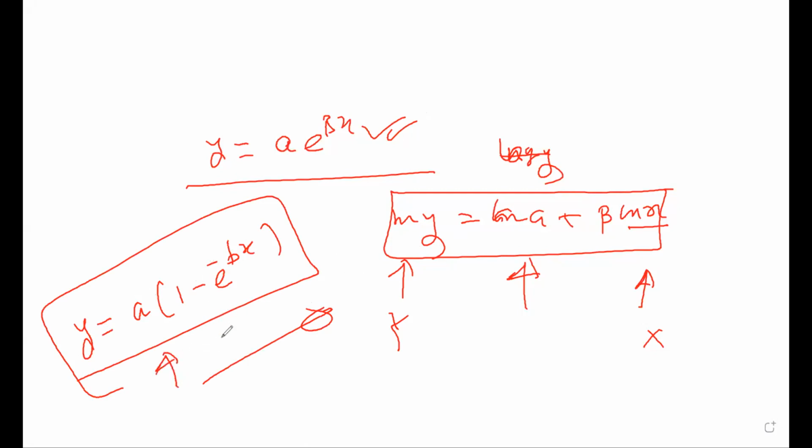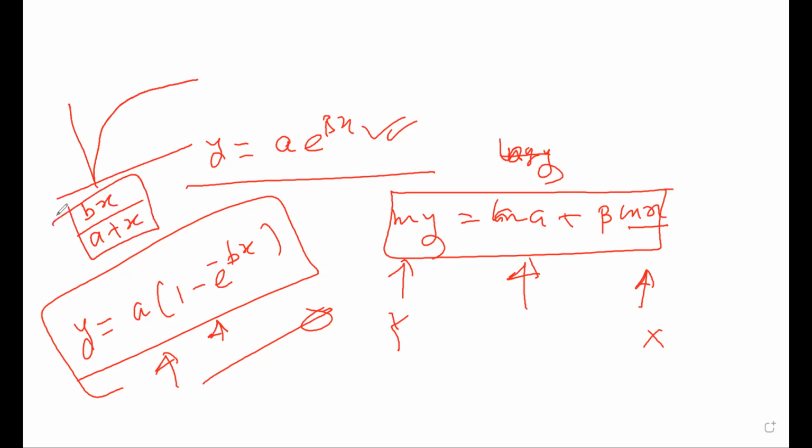That particular thing I will stress because most practical purposes will encounter this type of function, because this type of function has this type of behavior, like the functions that I discussed earlier, something like beta x divided by alpha plus x, or something like this.